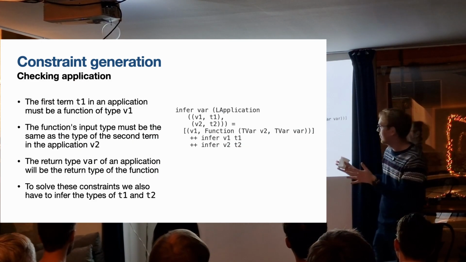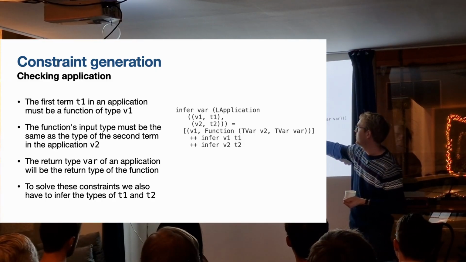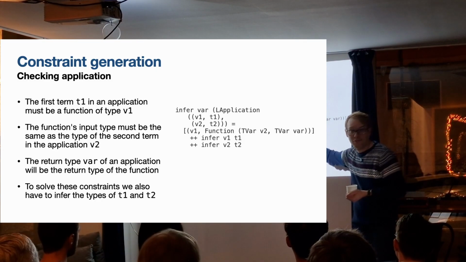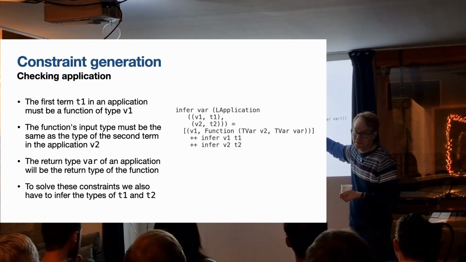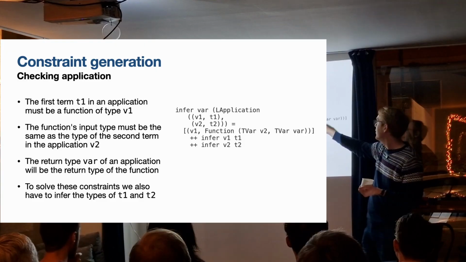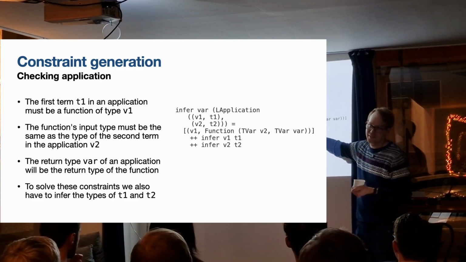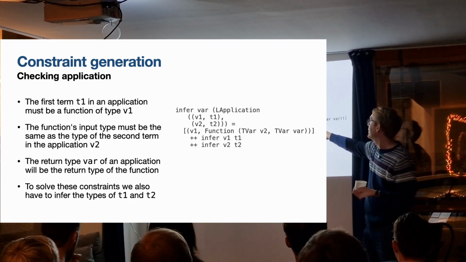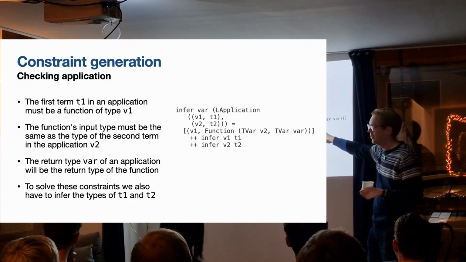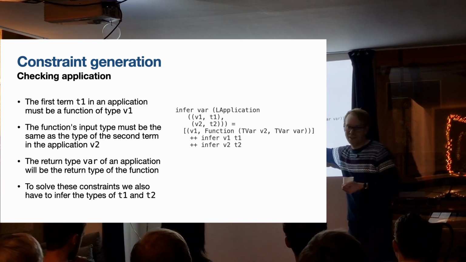Okay, application is a bit more interesting because now we have a bunch more typing rules. We know that the first term in an application must be a function. And now we use the fact that functions also contain types, because we know that the input type of the function must be the same as the argument in the application term.